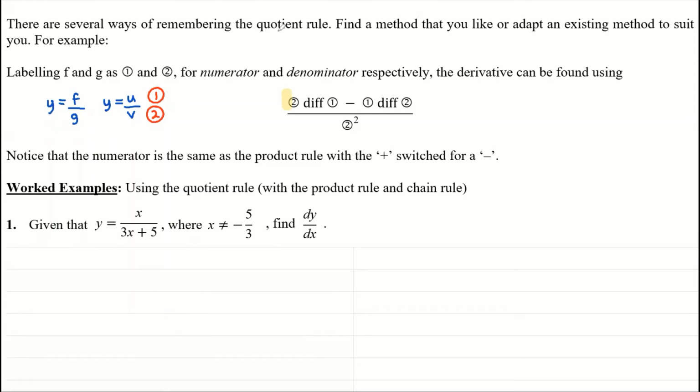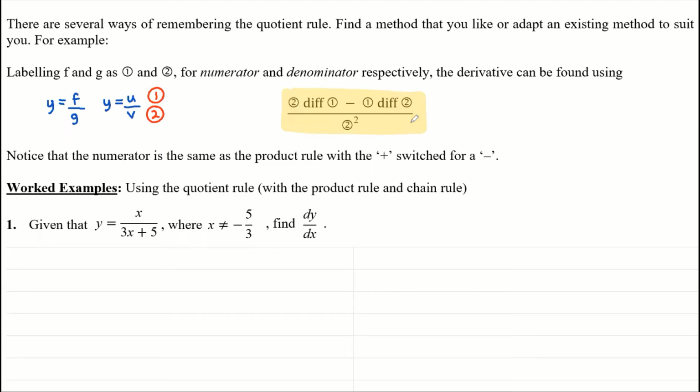So like I said, the numerator is almost the same as the product rule, but with a subtraction instead of an addition, and then the denominator is the denominator of your rational expression squared. Okay, so it's quite simple if you think of it like that.